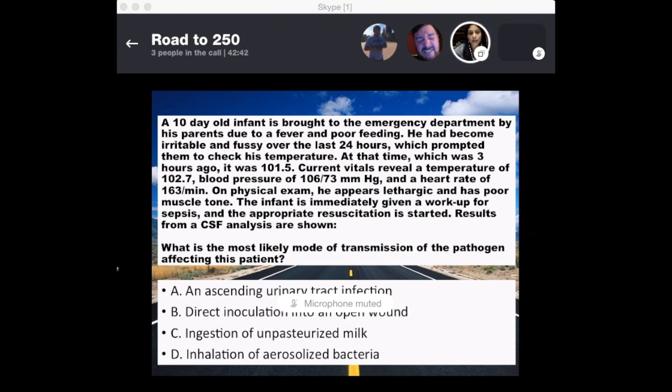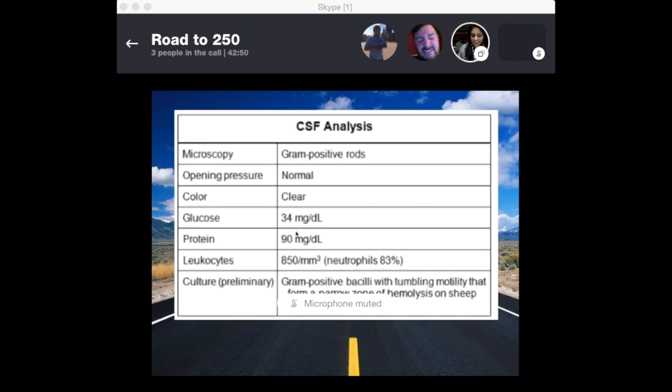Results from a CSF analysis are shown. Here's the CSF: the opening pressure is normal, color is clear, glucose is 34, protein is 90, leukocytes are high, and the culture shows gram-positive bacilli with tumbling motility that form a narrow zone of hemolysis on sheep blood agar.